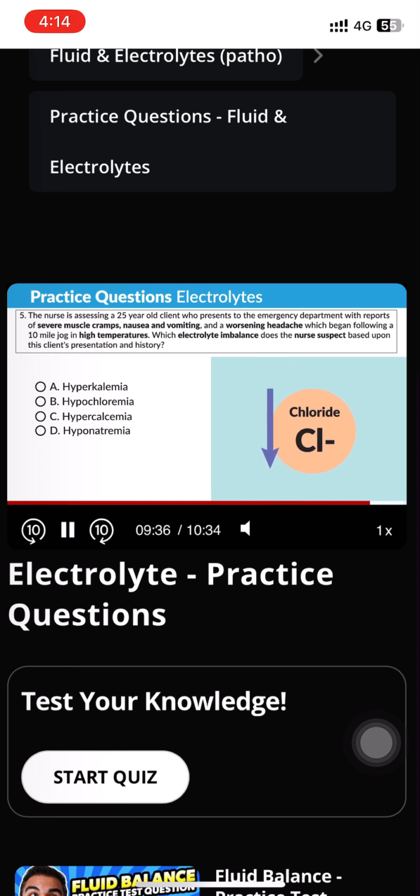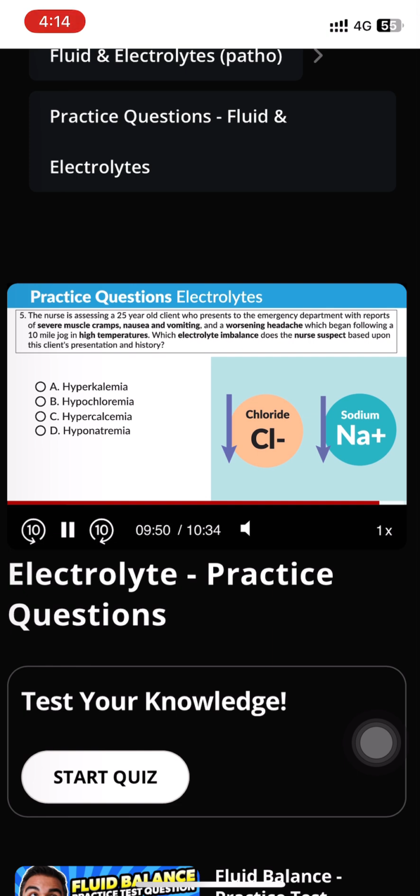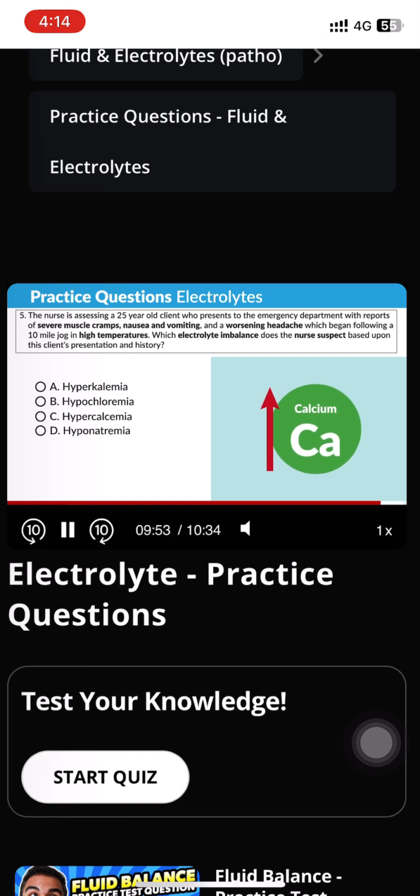Now B, hypochloremia, this was really close, but no, it's wrong. So it's true that low chloride mimics sodium. But when given the option for low sodium or low chloride, sodium usually always wins here. Now next is hypercalcemia.